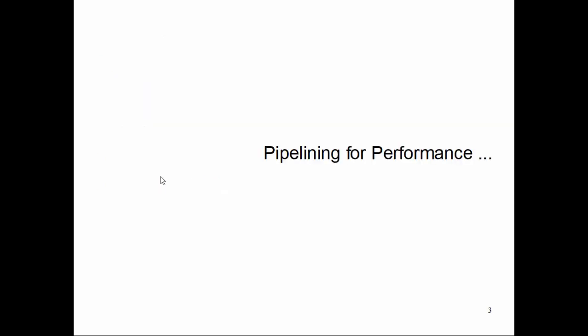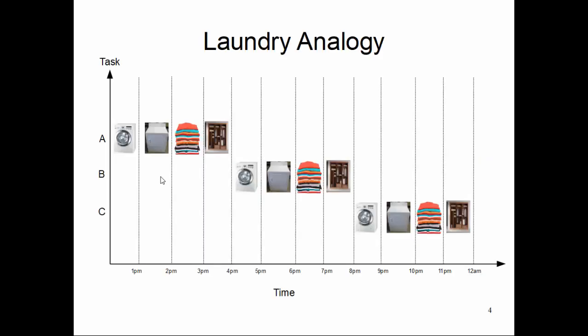So pipelining for performance, let's take a laundry analogy. Let's say there are 3 persons, A, B and C, and they have to do their laundry job. One strategy can be that A starts the laundry job and finishes it, and that job contains, let's say, 4 steps: washing, then drying, then stacking up the clothes, and putting them back in the shelves.